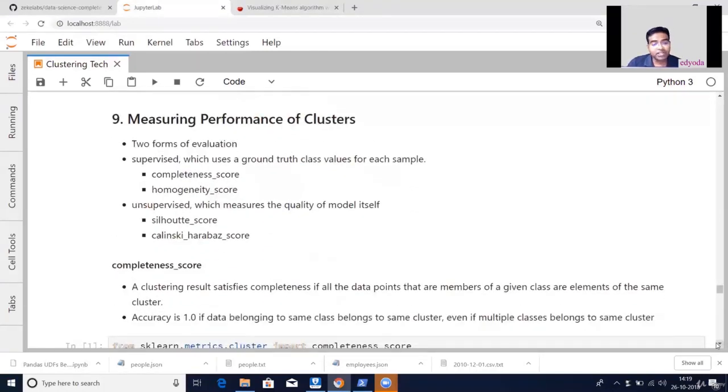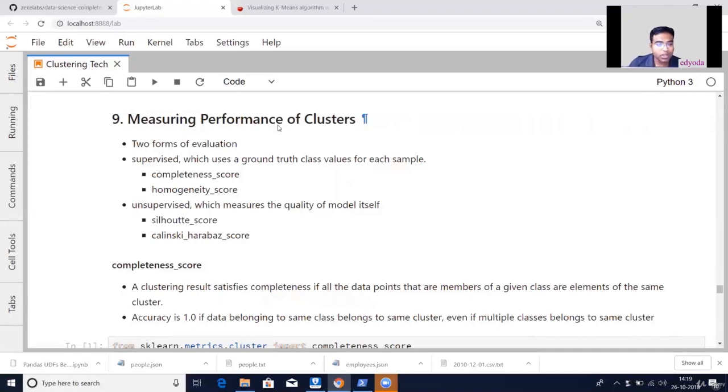Once you create clusters, of course, you need a way to measure how good the clusters are. There are 2 major techniques. One is the supervised technique, where you check whether all the data that belongs to one cluster is homogeneous, though you didn't use the class information for training the model.